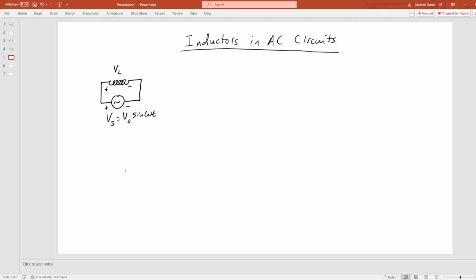must instantaneously match the potential from the source again, since Kirchhoff's loop rule has to be satisfied.